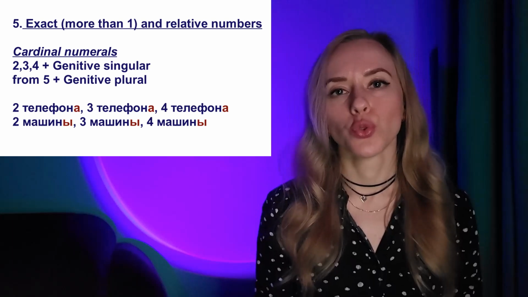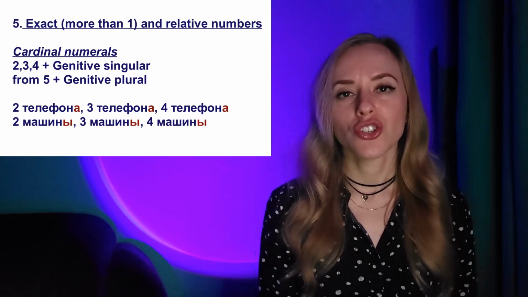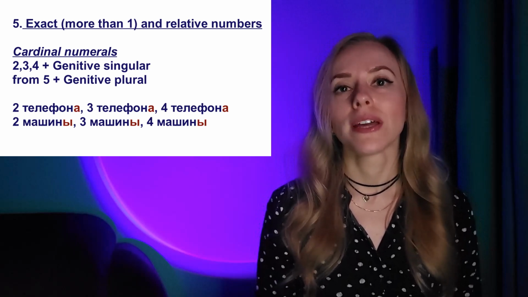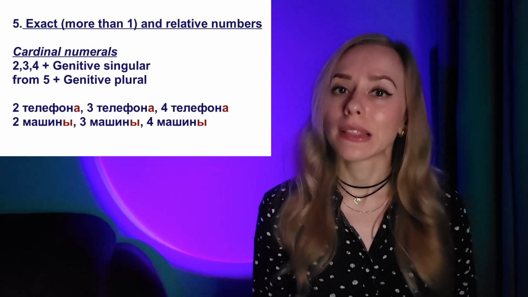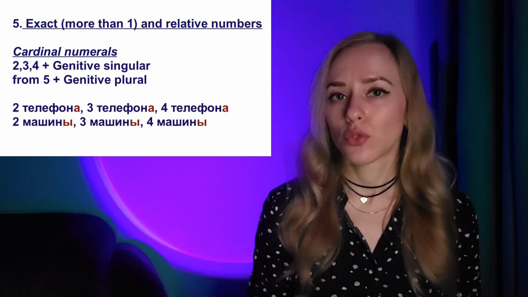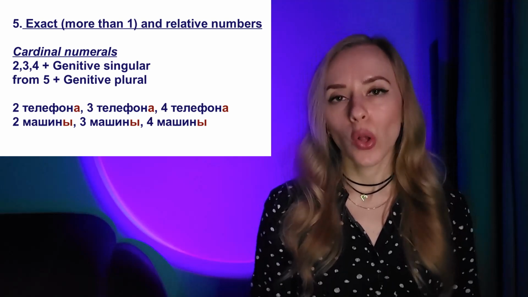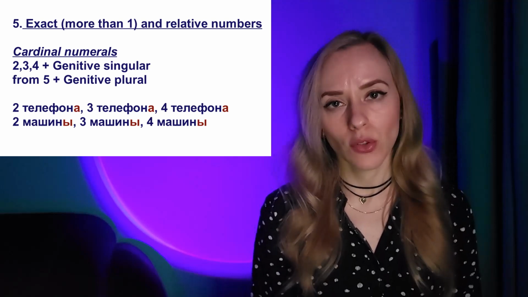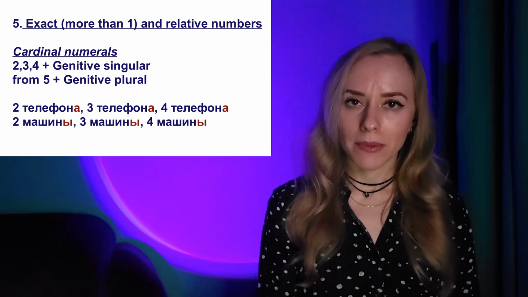If you want to use numbers from 5 and more, you should change nouns according to the plural form. About the plural we will speak later. If you say numbers like 22, 23, 24, also change according to the singular form. You should pay attention to the last numeral in the number.